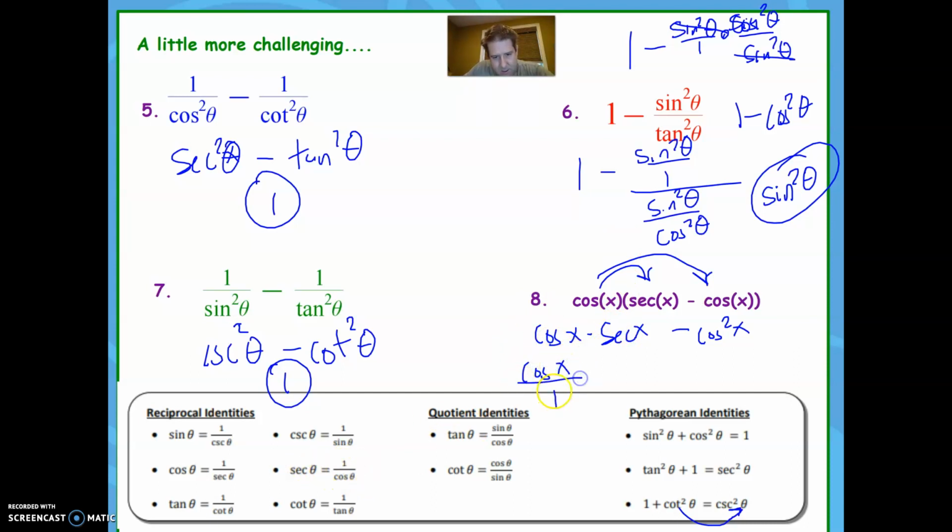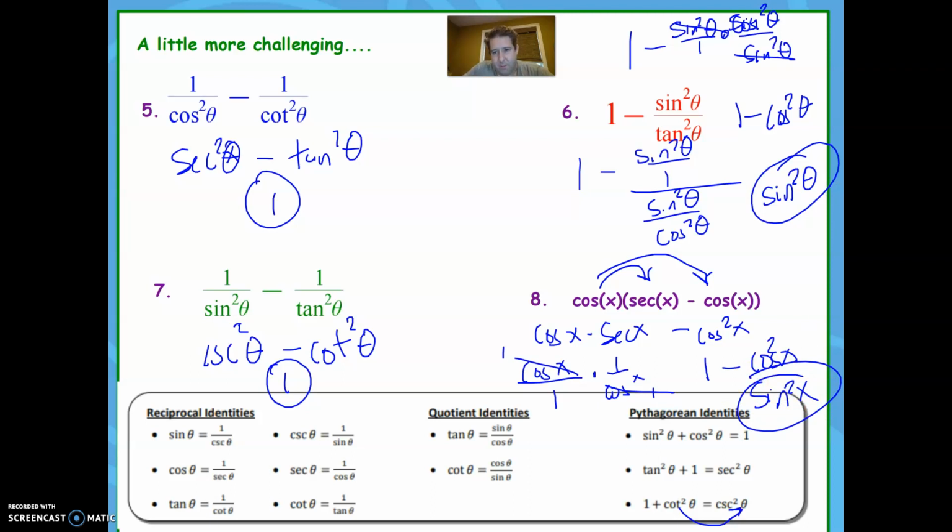So cosine of x over 1 multiplied by secant of x, which is really 1 over cosine of x. Well, this is nice because this is going to cancel out, and that's really just 1. So now we have 1 minus cosine squared of x. And that's one of the Pythagorean identities, and that is sine squared of x, your answer.